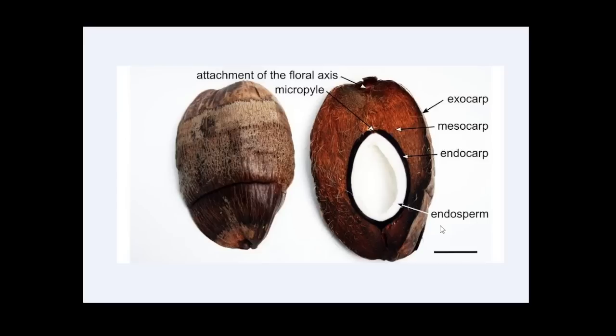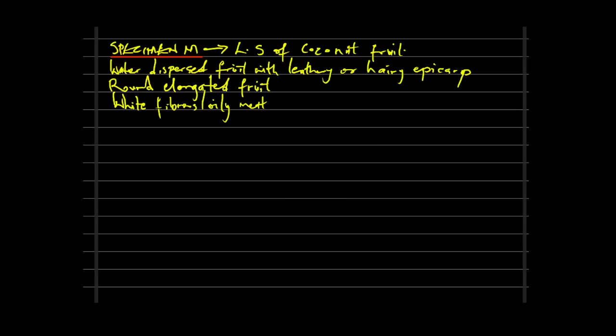That is the part that we refer to as the endosperm or the endocarp. It contains 51.7% kernel, 9.8% water, and 38.5% shell.